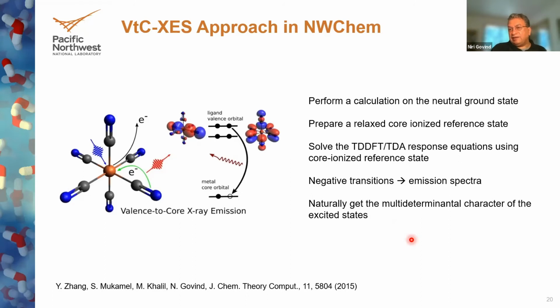You can also get non-intuitive mixings into a specific excited state representation from Slater determinants that come from other places. So you cannot ignore these things, and this excited state framework allows you that automatically. I refer you to this paper, where we talk about the details of how we've done this.